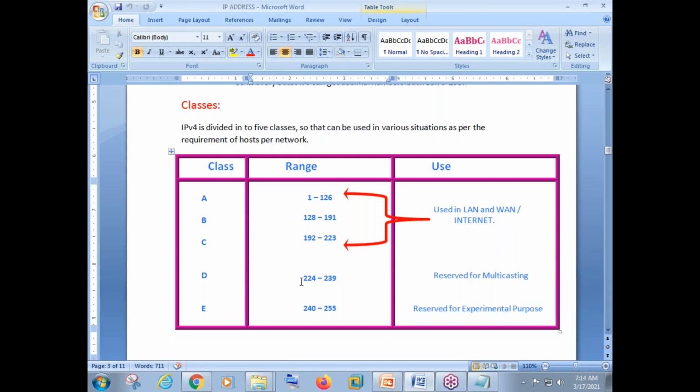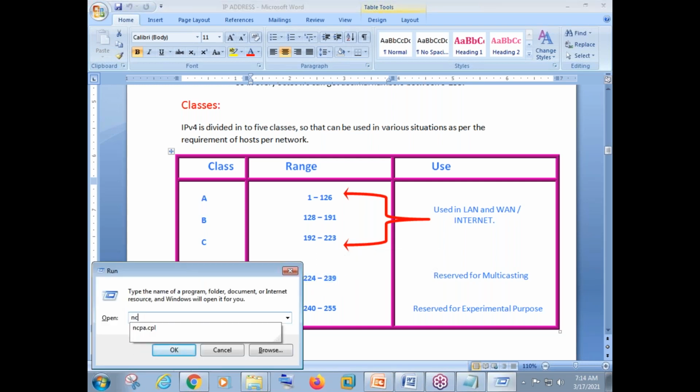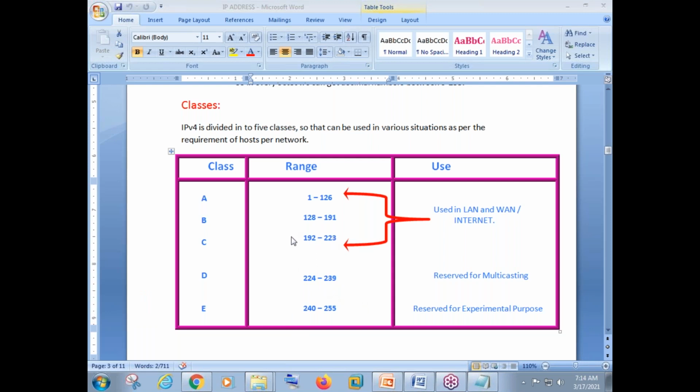If I take a number like 224 and assign it on a computer, the computer will say it is an invalid number. I'll show that practically. So these are the classes we have and these are the fixed ranges.